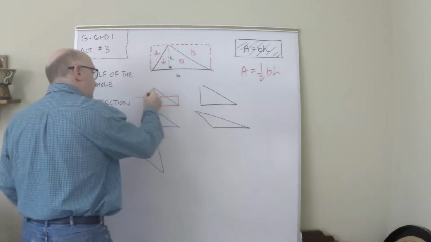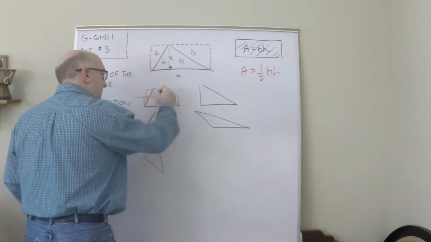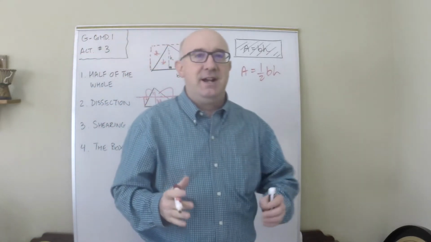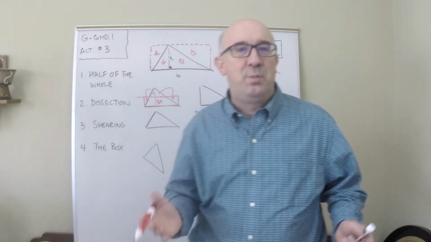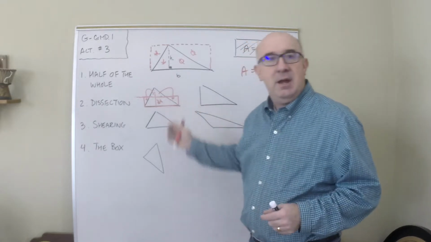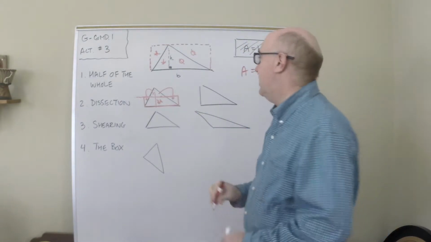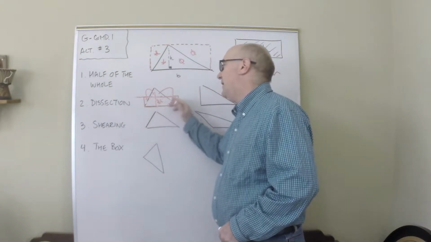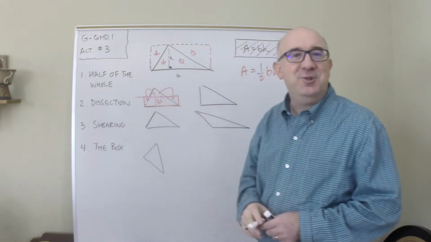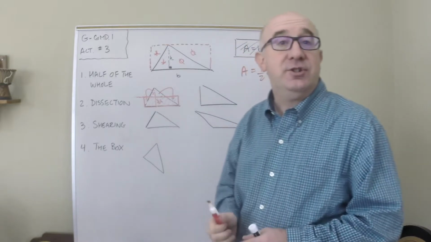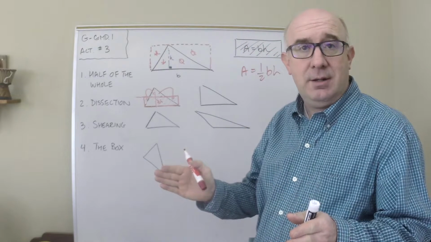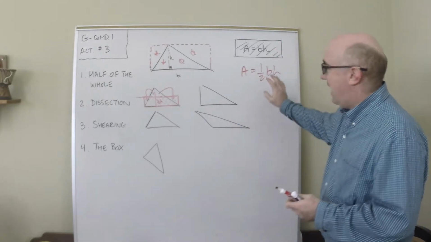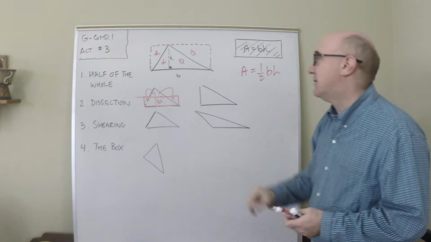Well, this little piece here would fit right here, and this little piece fits in here. They fit there because of this idea of the same slope. They fit there because of the same cuts and dissection. And what eventually happens is we fill in this new rectangular region. And this new rectangle, its dimensions are the same base, but exactly half the height. There it is again, half the height times the base.